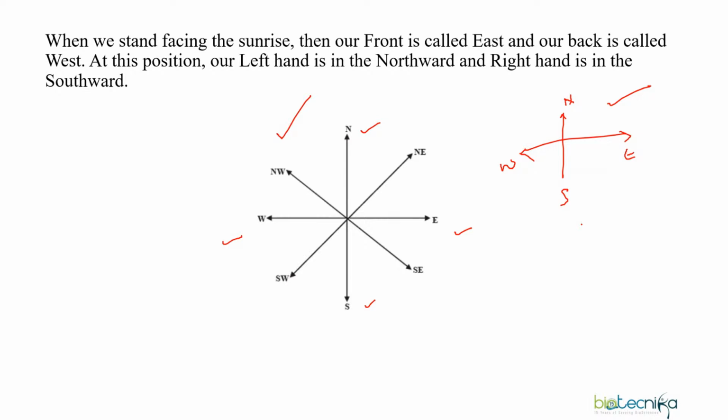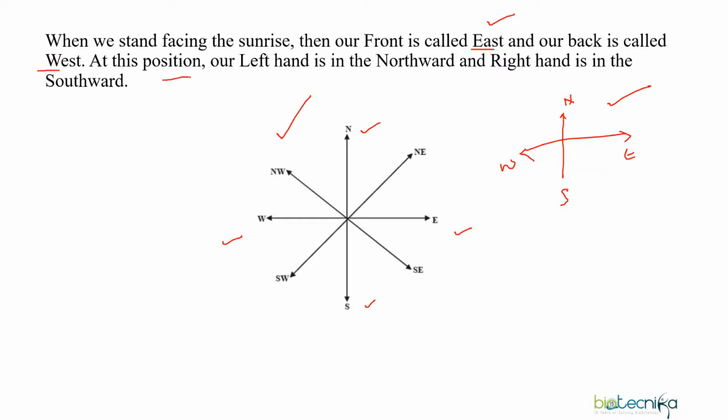Okay, so when we are standing facing the sunrise, then the front is called the east. If you face towards the sun, it is the east, and the back side is called the west.